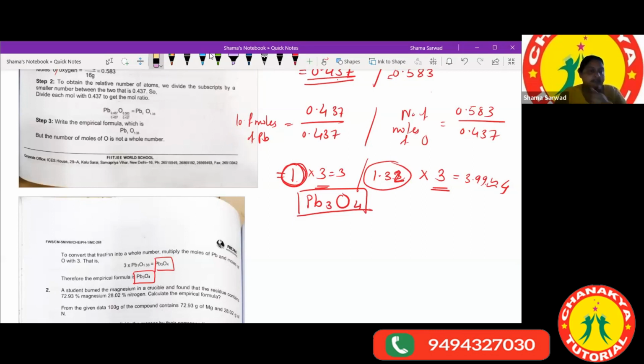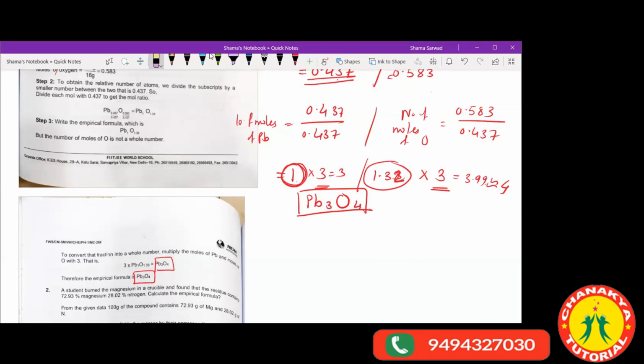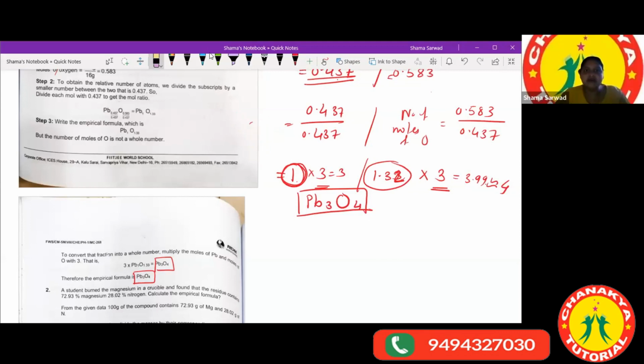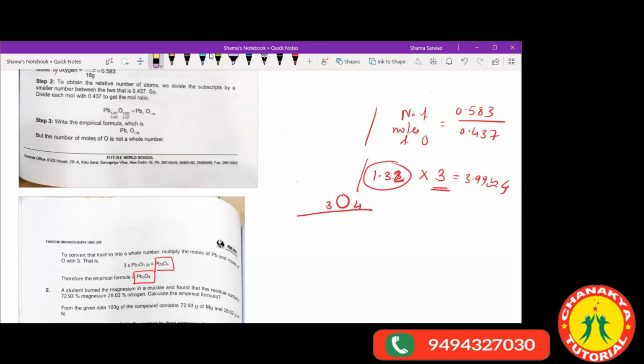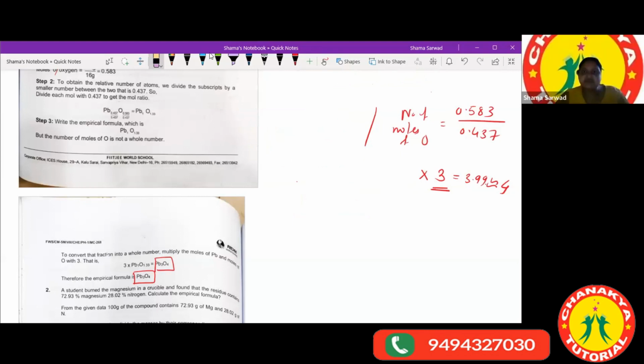Shall I erase it? Yeah. I need not give you a hint, right? How to frame the empirical formula now. All three of you are able to do that. Okay, try it. If you face difficulty, ask me. Purposely, I'm not going to scroll down because the answer would be there on the page.